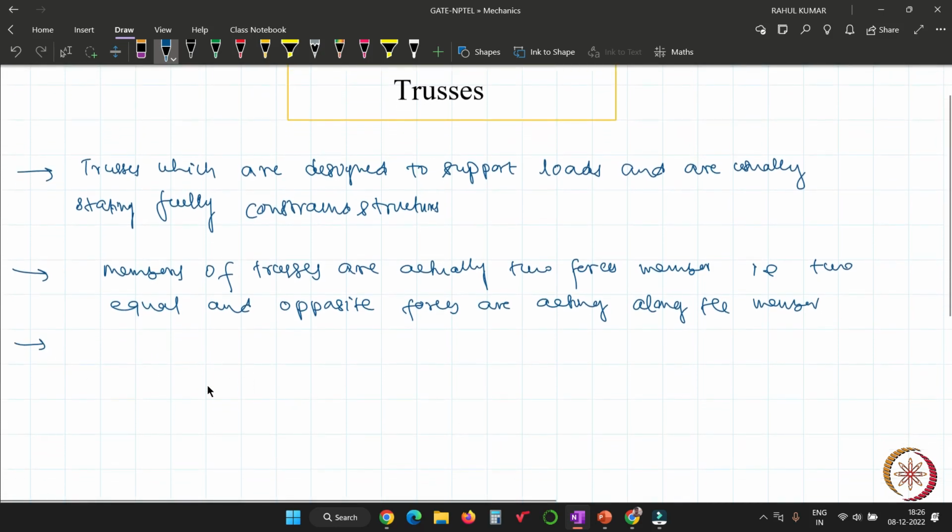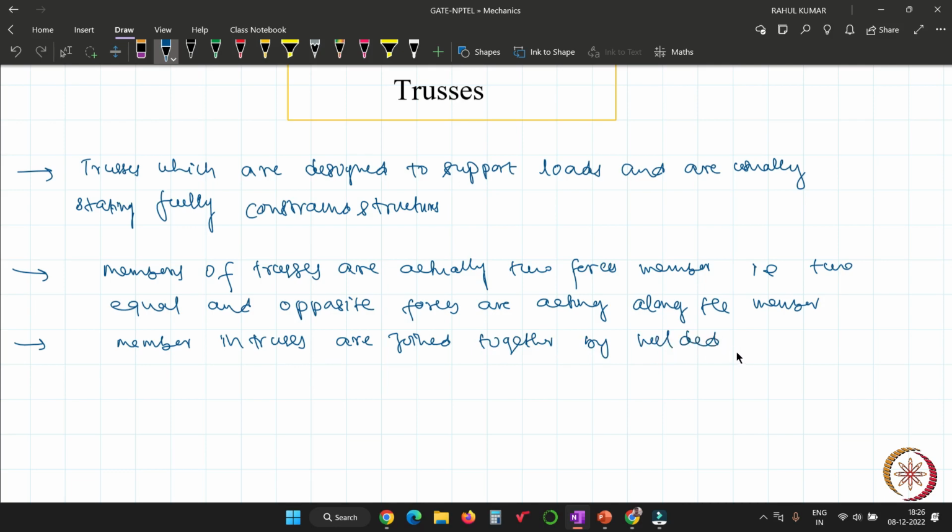Now the third point is members in trusses are joined together by welding, bolting, or riveting.